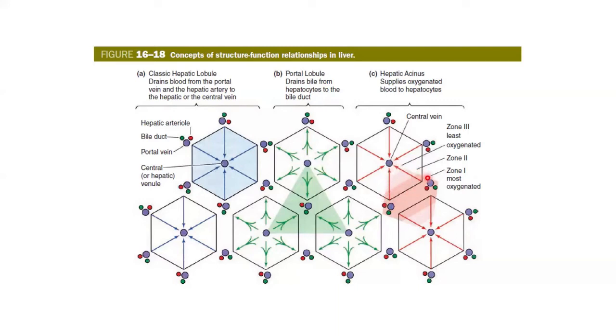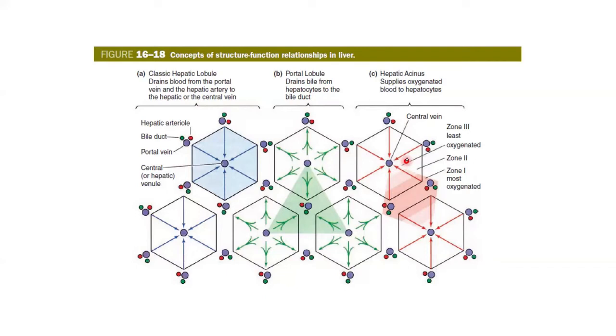In zone 1, you have a lot of oxygen, and processes that need a lot of oxygen, like protein synthesis, happen in this area. And in zone 3, there's less oxygen, and functions which need less oxygen happen in this region, such as glycolysis and lipid synthesis, right?